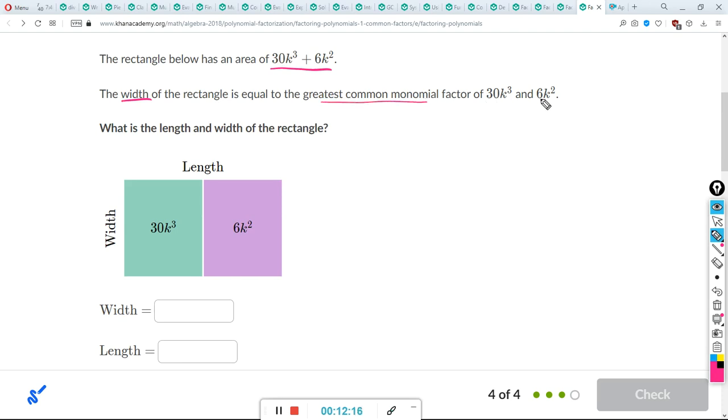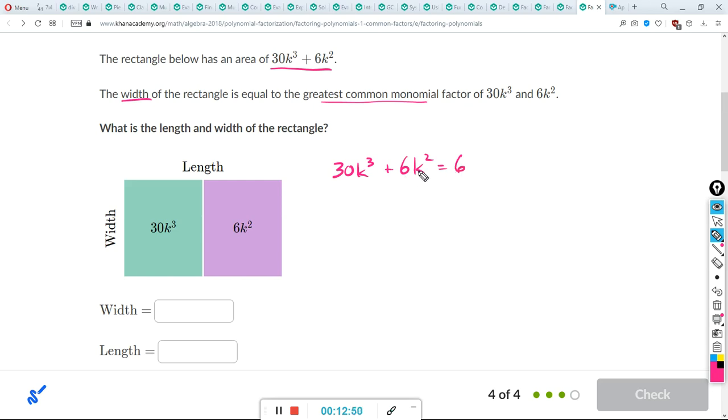The bottom line is you're just factoring this right here. So we have 30k to the third plus 6k squared. What number is divisible into both 30 and 6? The greatest common factor would be 6, right? Because I can divide 6 by 6 and I can divide 30 by 6.